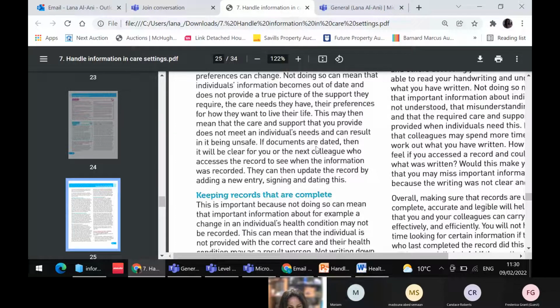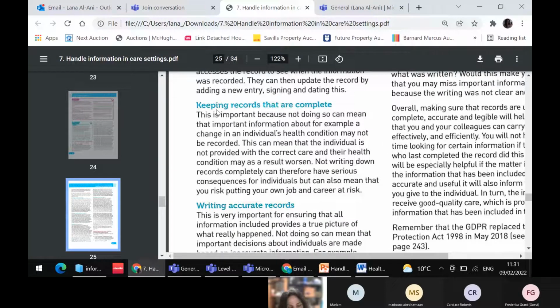And also, if my documents are not dated or not up to date, the information recorded would not be usable. So we have to have them all up to date at all times.